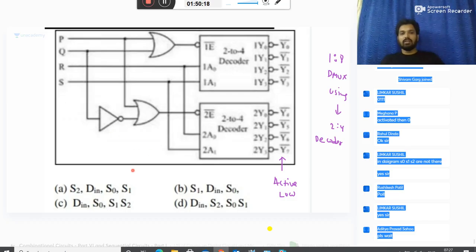You should make a DMUX using decoders and OR gates, whatever extra circuitry, such that it performs your job. So let me start the poll. If you don't know the answer, keep it none also.